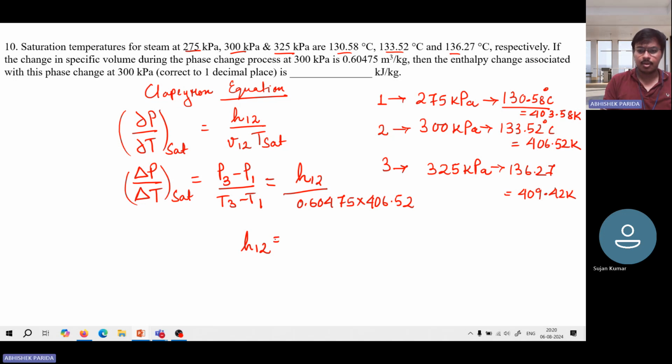So P3 minus P1 is 50 kilopascal, divided by 409.42 minus 403.58, which is 8.56. Then 8.56 into 0.60475 into 406.52. I'm getting 2104.81 kilojoule per kg.